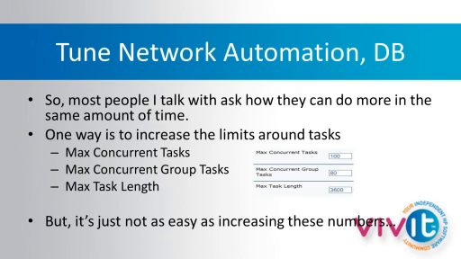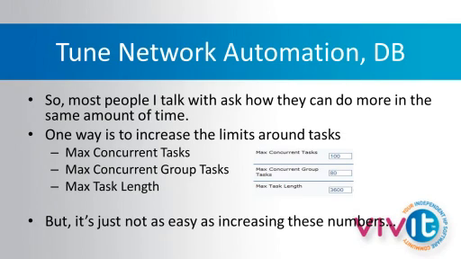So, tuning network automation and the database. Most people that I've talked with are looking to do more things, for example, more changes, running scripts within the same amount of time. So many people will be tempted to go in and change these settings that you see here, max concurrent tasks, max concurrent group tasks, things such as that, and just change those numbers to something larger.